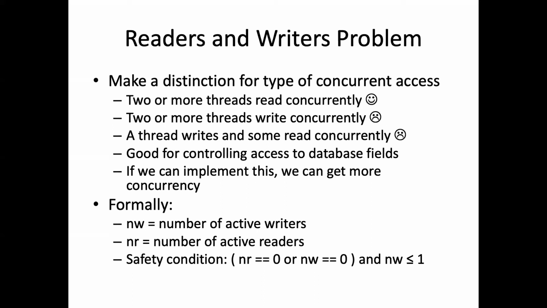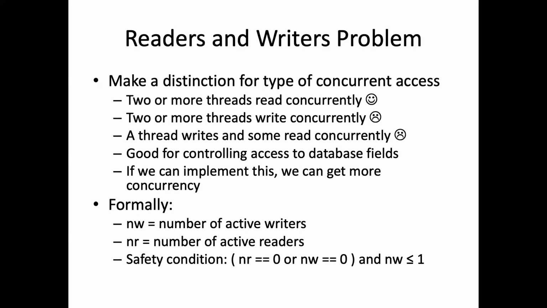Now, for regular variables inside a program, it's probably inefficient to try to lock down whether you plan on reading or writing, but for some applications, like database applications, you might want to make a distinction between whether a concurrent process or a thread just wants to look at a field in a database or maybe wants to change it.